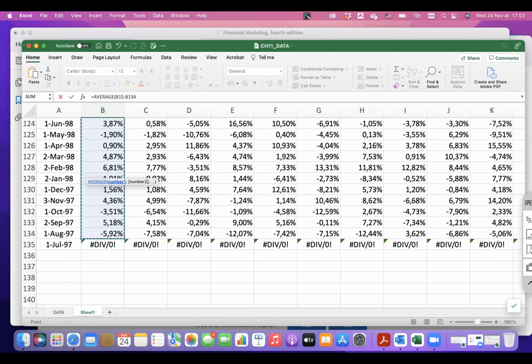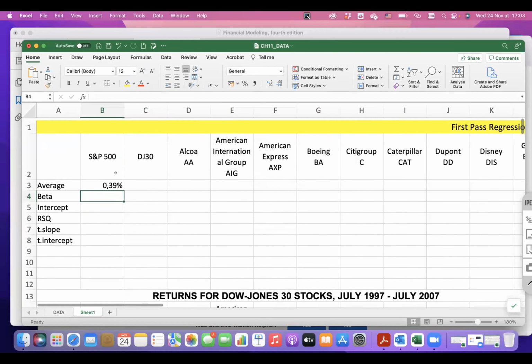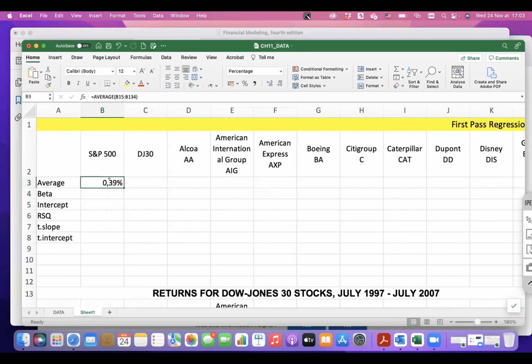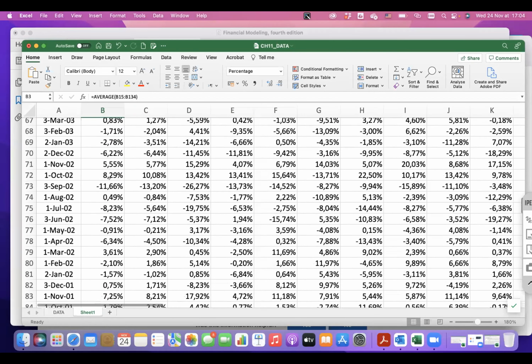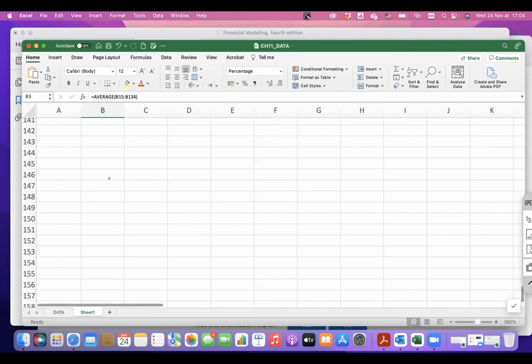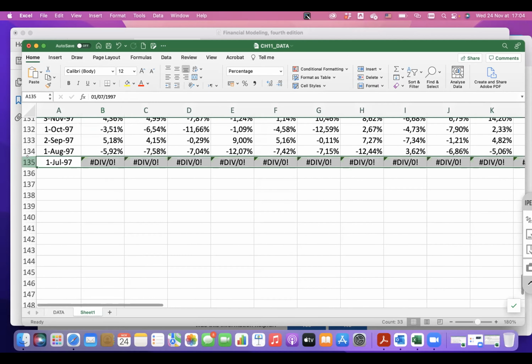So we don't select July because we don't have data for July. So actually we can eliminate July. Then close the parentheses. So on average, S&P 500 is earning 0.4% almost every month. So I told you I can eliminate this line. We don't need it anymore.